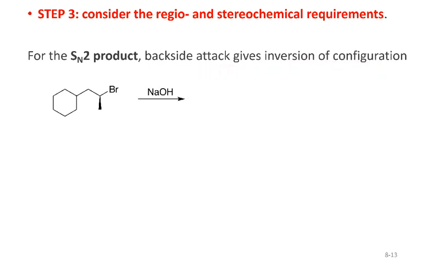And so wherever we have wedges, we're going to switch those to dashes. And so our one SN2 product is going to be this. All right, let's consider E2 on the next slide.